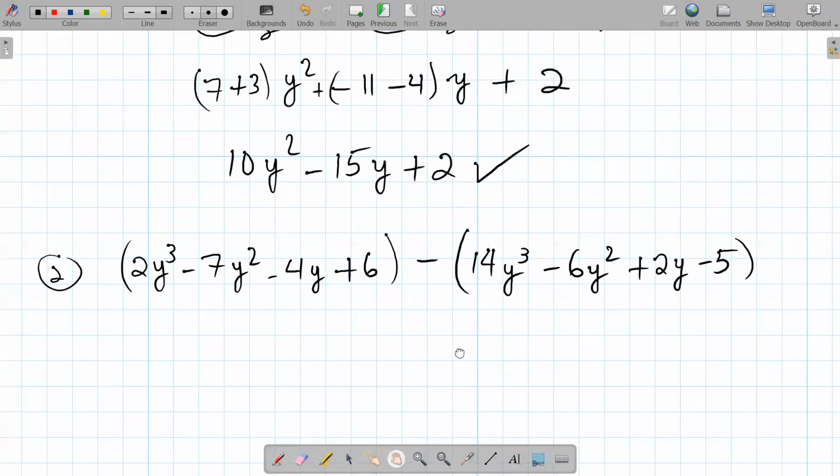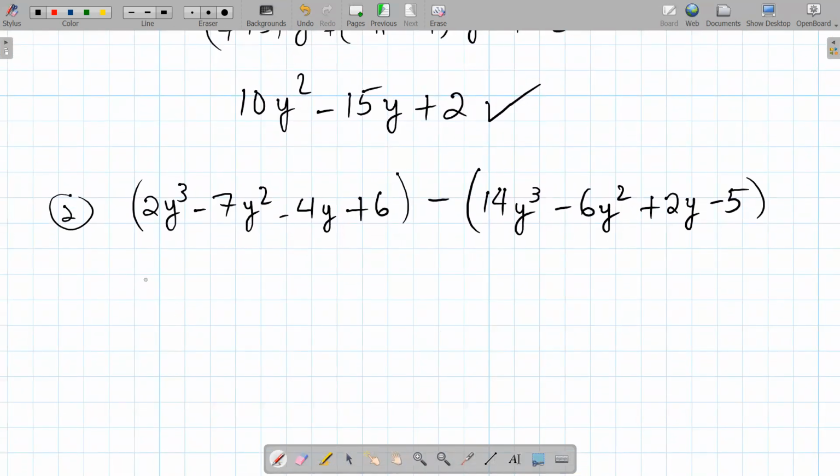So it's the same idea. I'm going to keep what is on my left hand side the same.